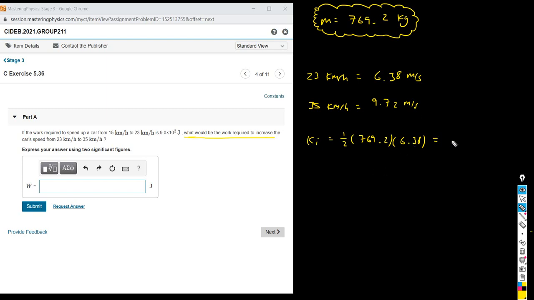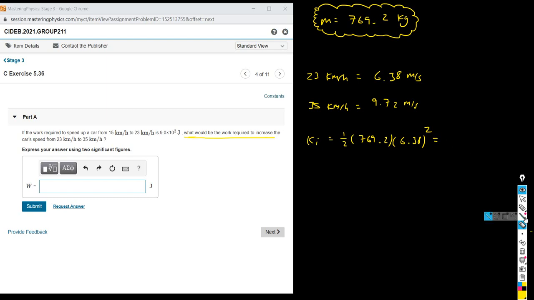We're gonna get 2,453.7 joules. Now I'm still forgetting the square here. This is wrong. Let me do it one more time. 0.5 times 769.2 times 6.38 squared.